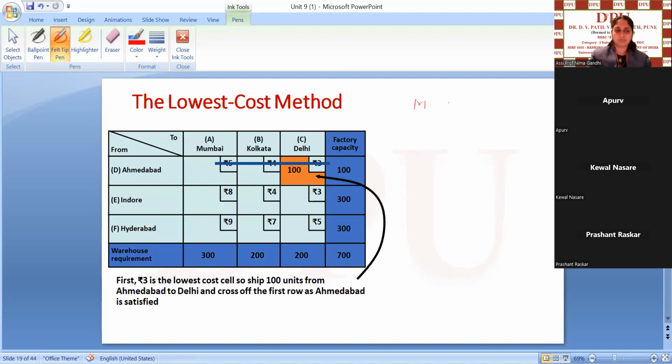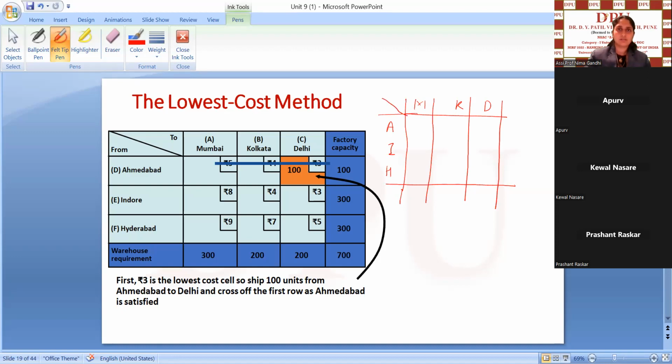We have Mumbai, Kolkata, Delhi, and here we have the production facilities at Ahmedabad, Indore, and Hyderabad. These are the destinations and these are the sources of production.